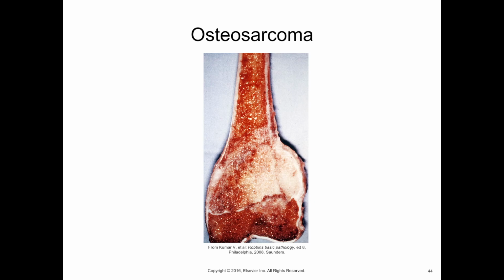It has a second peak at the older ages, especially in individuals that have had another type of cancer. Then there is our chondrosarcoma, which is the second most common bone tumor in an adult. And then we have our Ewing sarcoma, which is our second most common primary malignant bone tumor in a child.